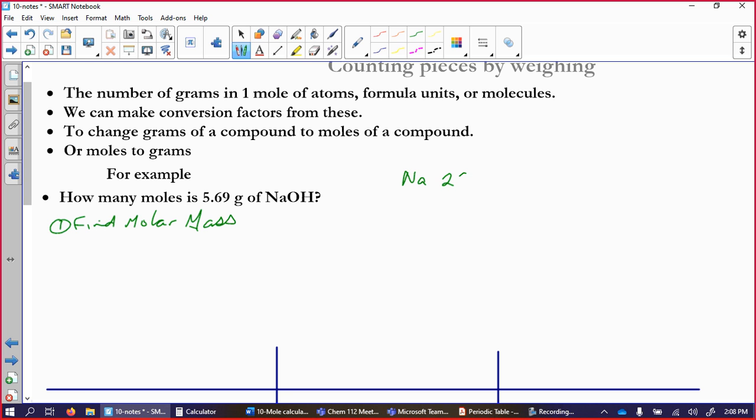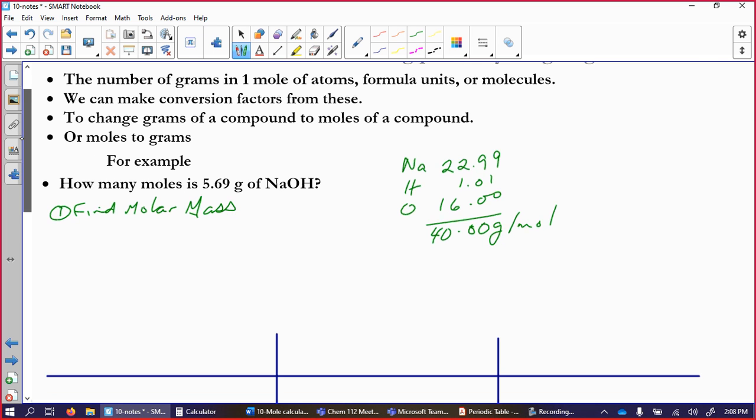Sodium is 22.99, hydrogen is 1.01, and oxygen is 16.00. 40. This is one of the handful of elements or compounds whose molar mass is stuck in my head. Water is simple, some of the simple ones, but sodium hydroxide, because it's 40.